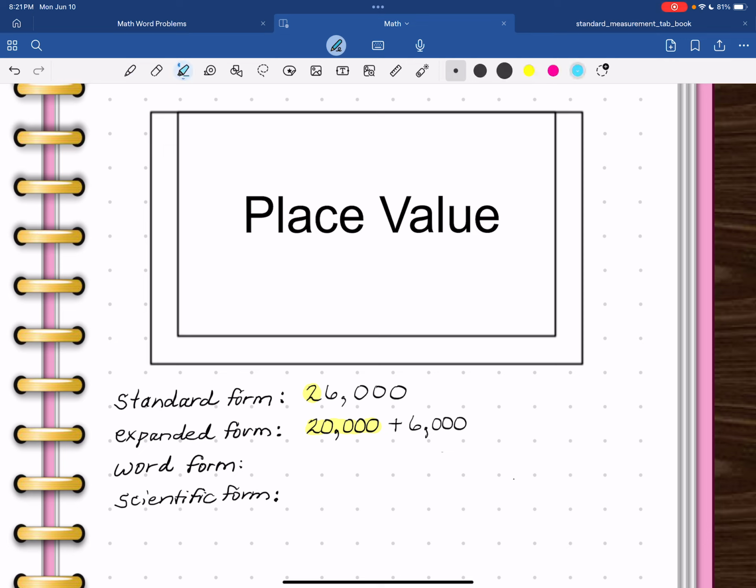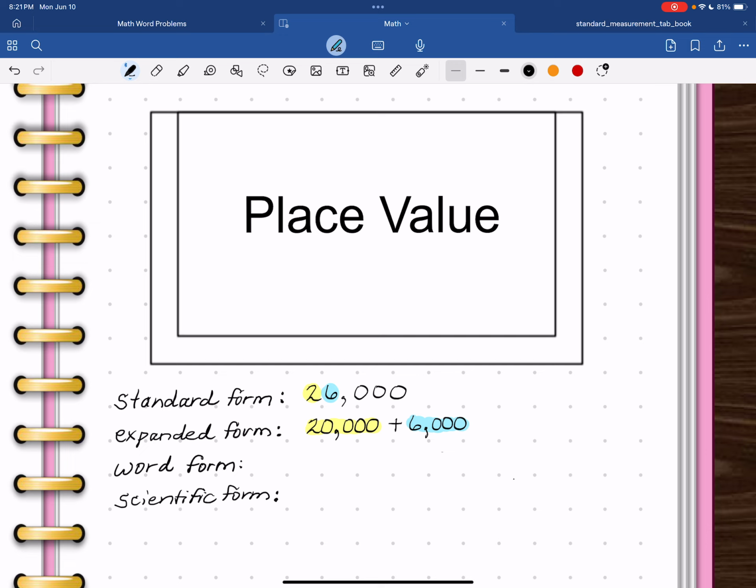Because this number is sitting in that thousands place, it's worth 6,000. So this became expanded form. And I only need to expand the places that have digits in them. The zeros don't have to be expanded.